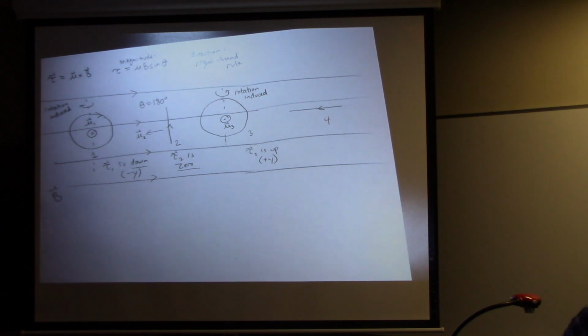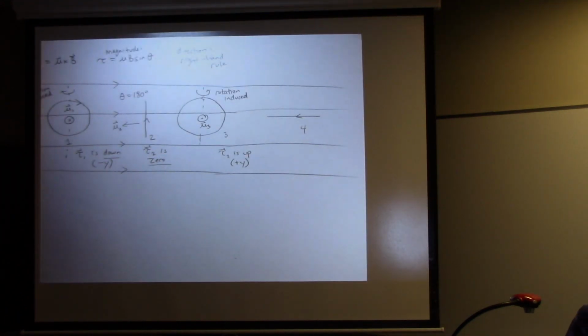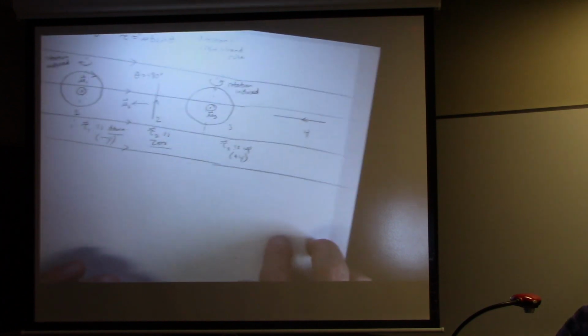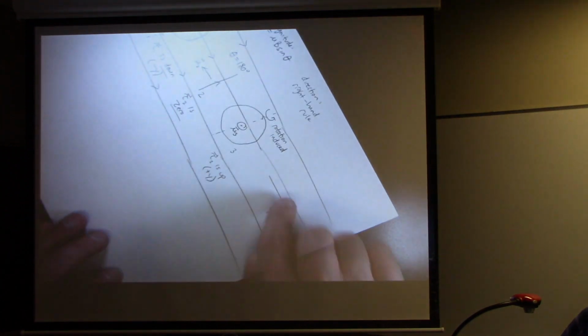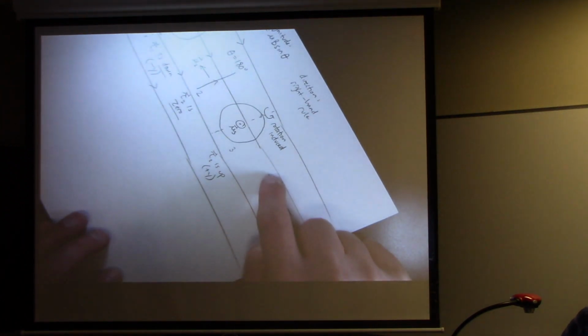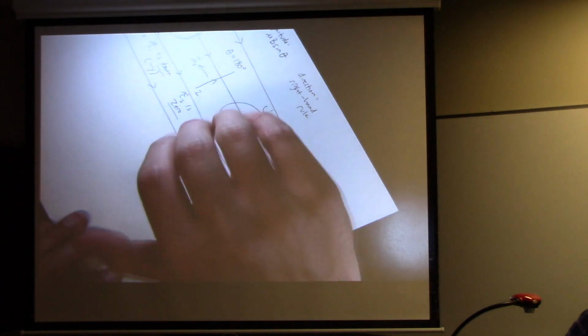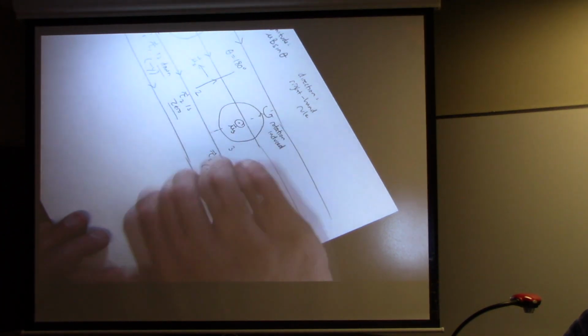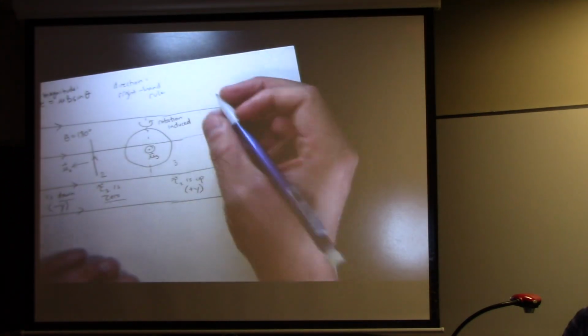Okay, now let's do one more. The current loop, which I've labeled number 4, here we said that we're looking at it edge on, and then the current that's closest to us is going this way. So take your right hand, curl your fingers in the direction of that current like this, and now your thumb is pointing down.